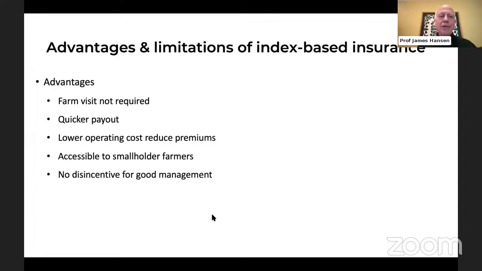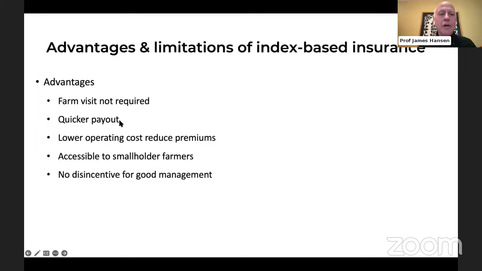Index-based insurance has several advantages that have made it possible to provide insurance coverage for smallholder farmers who have just not been able to access traditional insurance. Because the payout is based on an index that's easily measured, no farm visit is required.